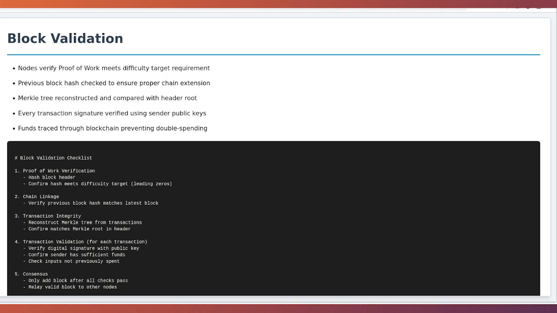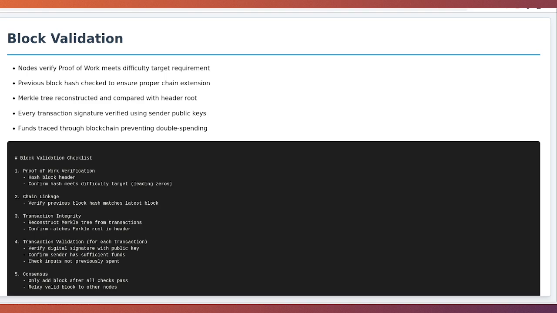Third, nodes reconstruct the Merkle tree from the transactions in the block and verify that the Merkle root is in the header, confirming transaction integrity. Fourth, nodes validate every single transaction in the block. For each transaction, they verify the digital signature using the sender's public key, confirming that the transaction was authorized by the private key holder.